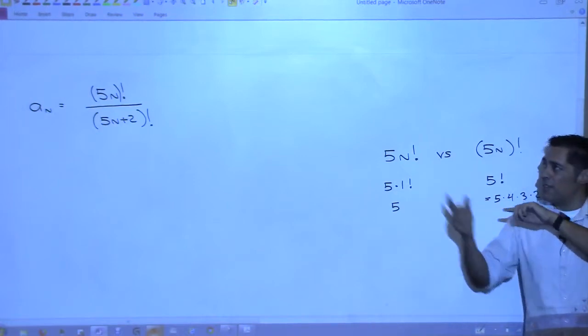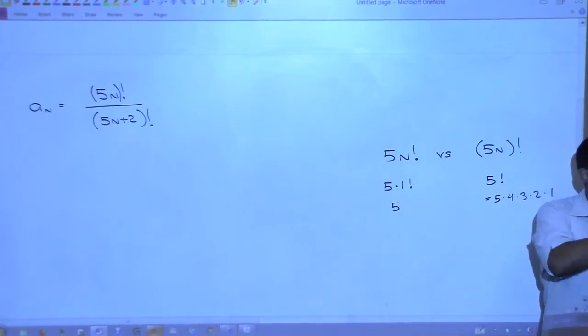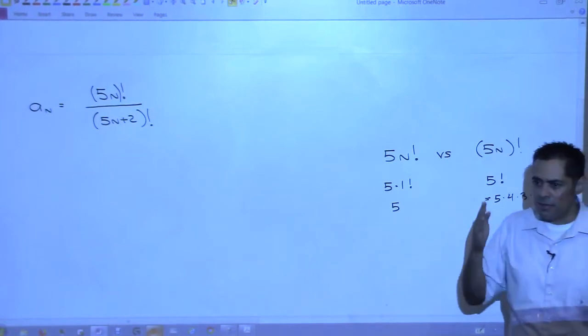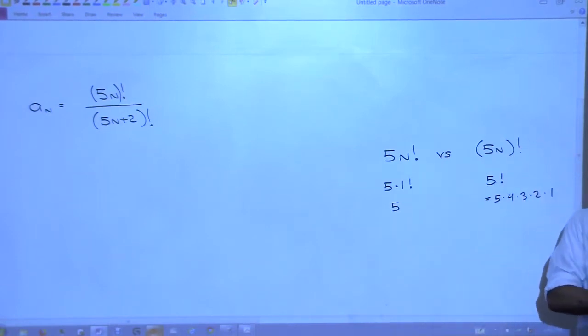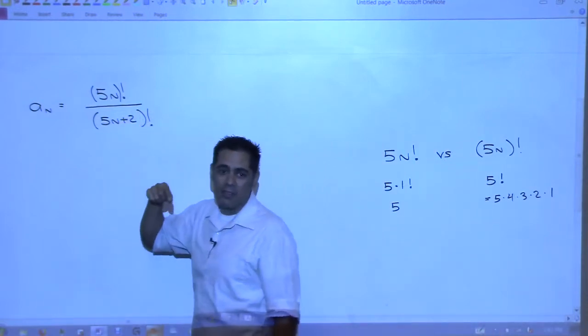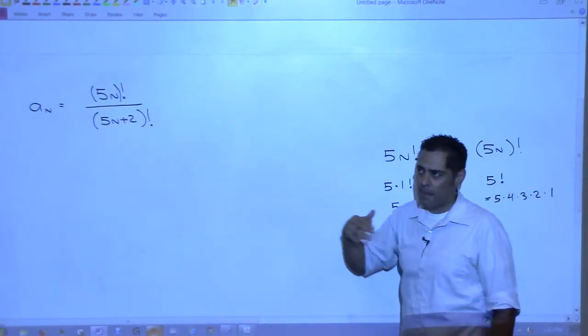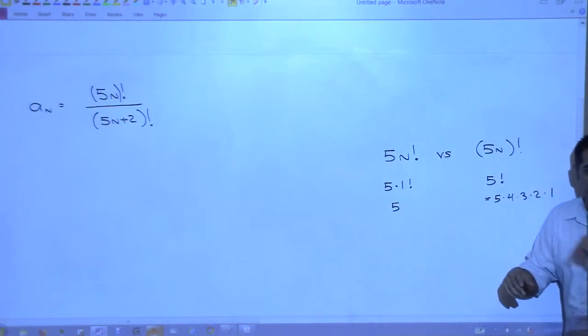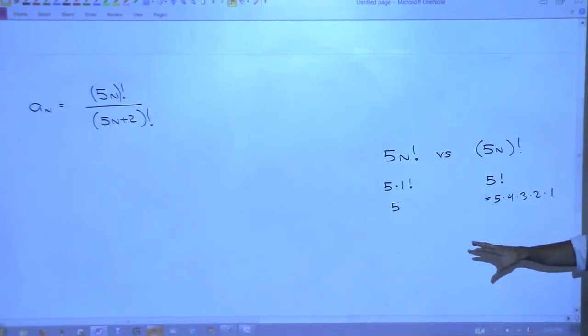You can't turn this into a smooth function because factorial is only defined at the integers. Now I'm going to put an asterisk next to that because actually factorial is defined. There is another version of it that you can define everywhere, but not here. Okay? Not here.